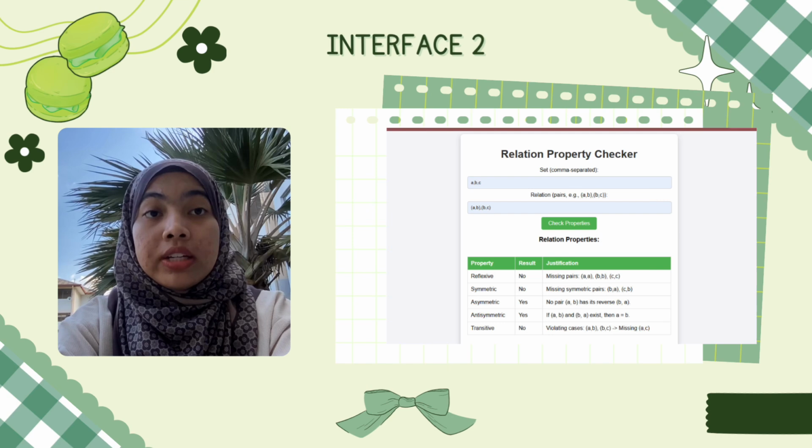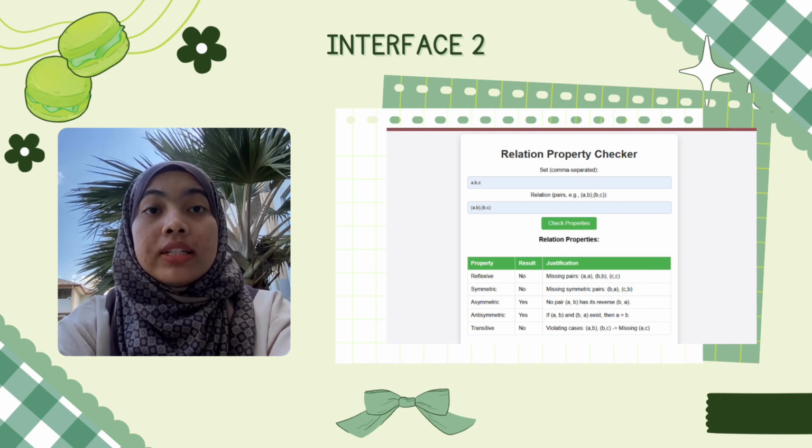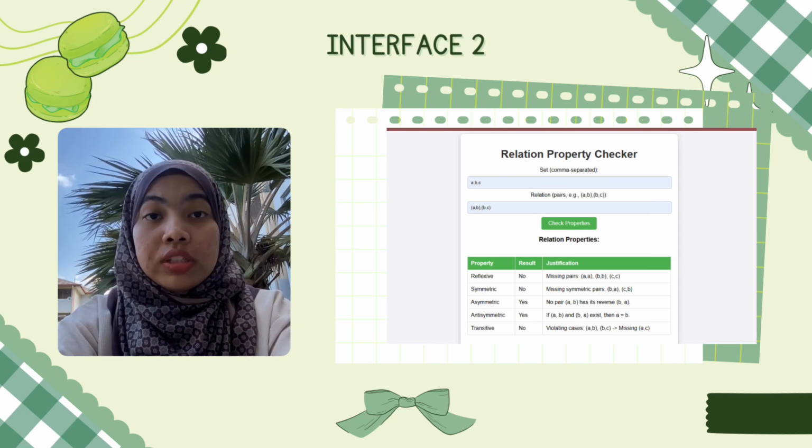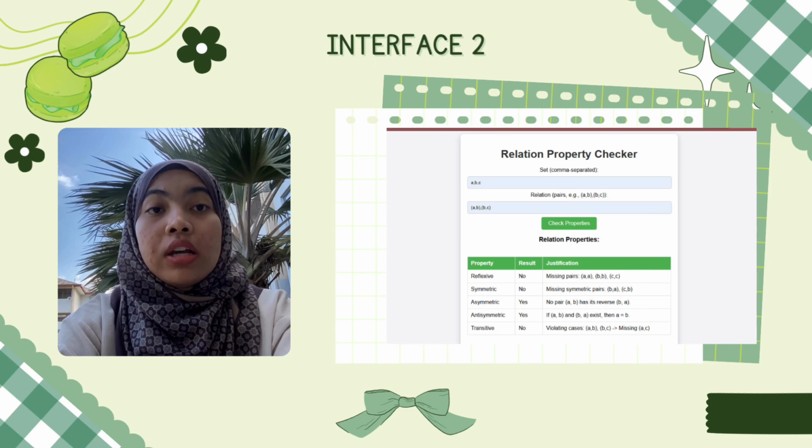For example, (A,B) and (B,C) exist, but (A,C) is missing. As noted in the justification, the table is well structured and the green headers highlight the columns for easy readability. This provides users with a clear, detailed analysis of the input relation's properties.